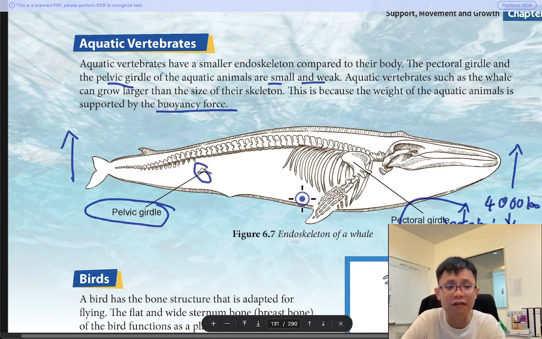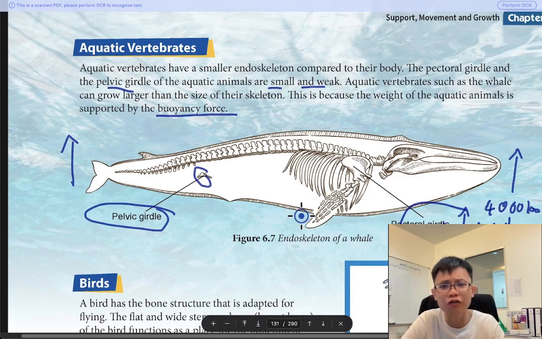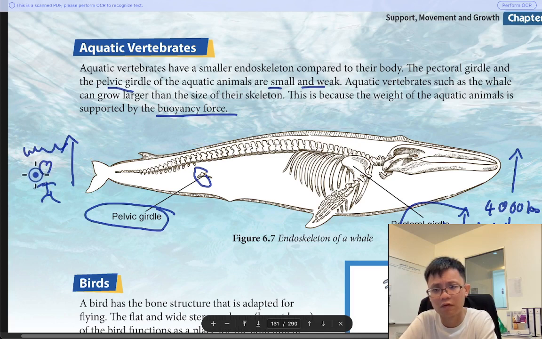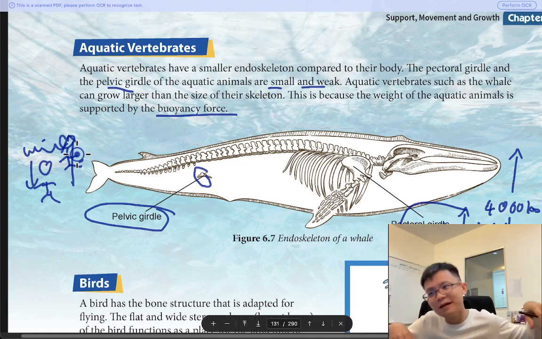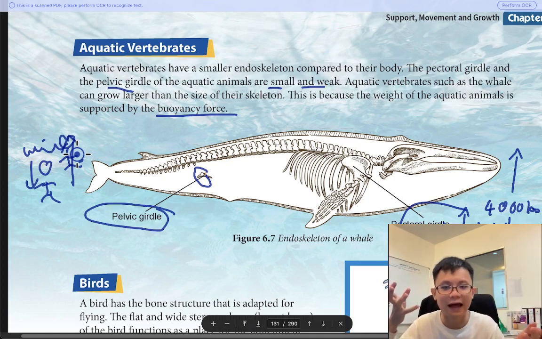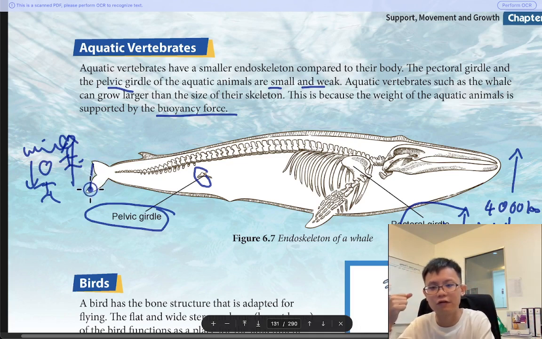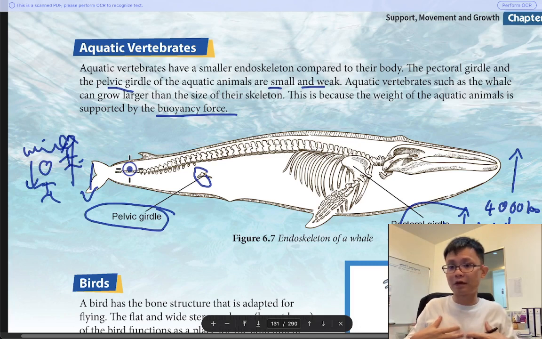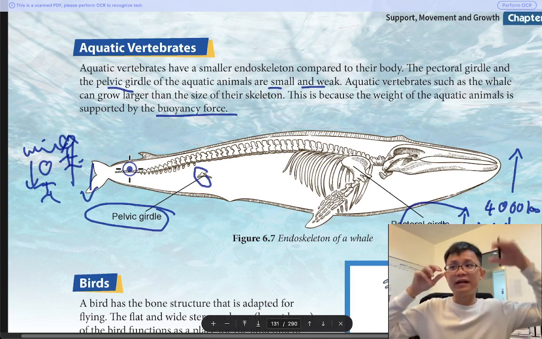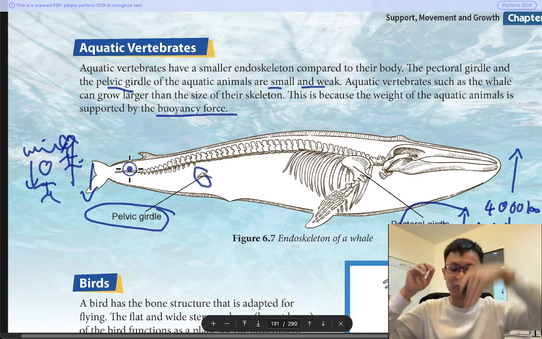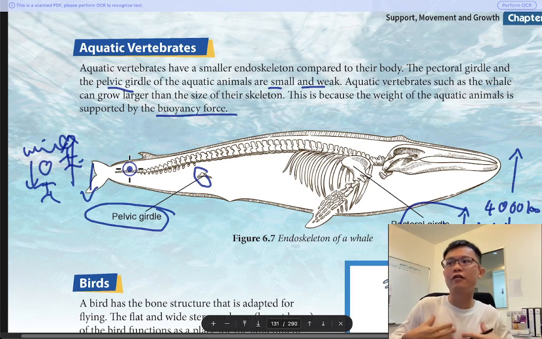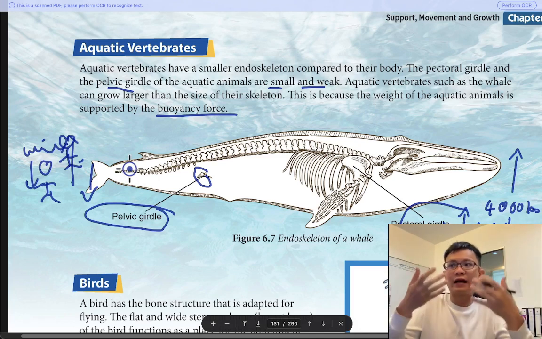Of course, for humans there will be buoyancy force too, but when you put a human in the water, he cannot go down. You only always stay on the surface, and then eventually the person drowns. After he dies, then he will go down. Because our lungs have air, it is very difficult for us to go into the water, so it will push up.